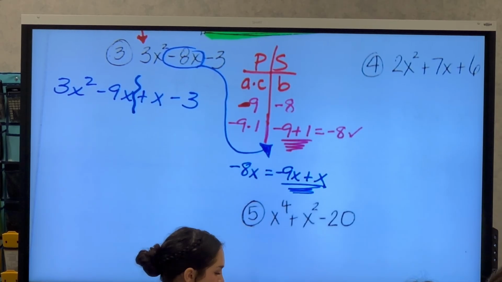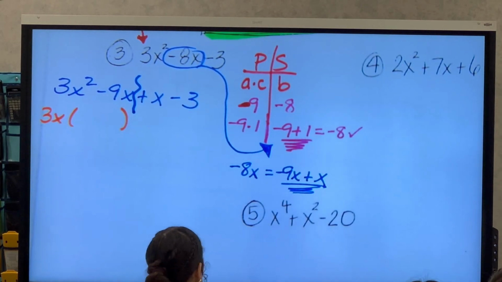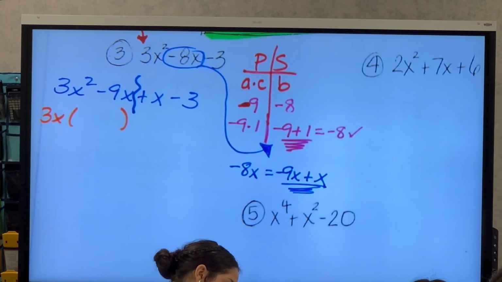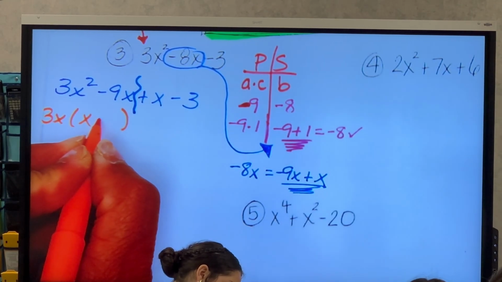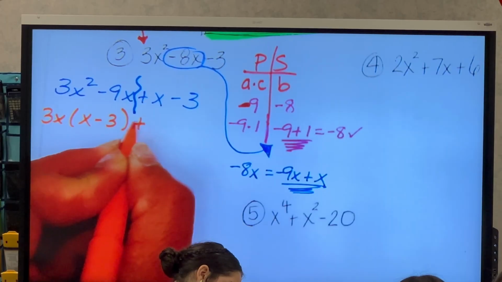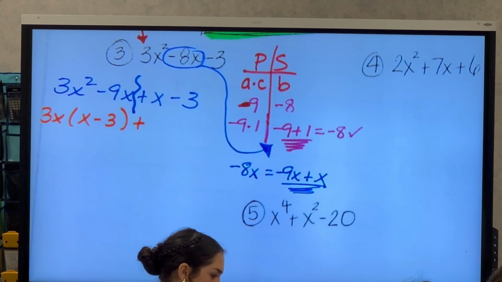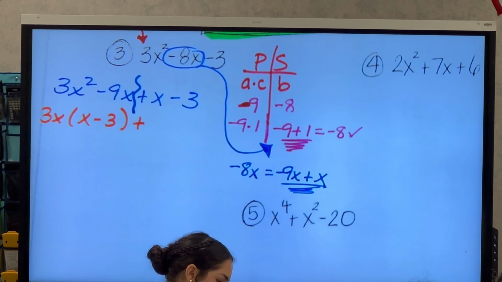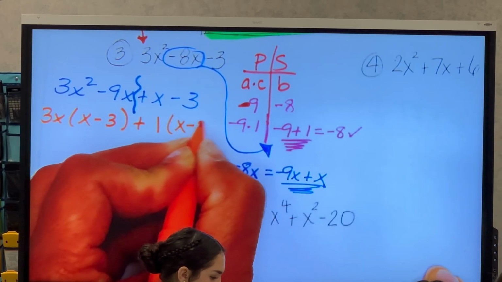A 3x. So we're going to factor out a 3x. Remember, factoring is just dividing, and when you divide out a 3x, what's left inside? -3. Bring down that plus sign because we need that connector sign. And x and -3 have nothing in common, but what is the one number in common with all? A 1. We have to put something.